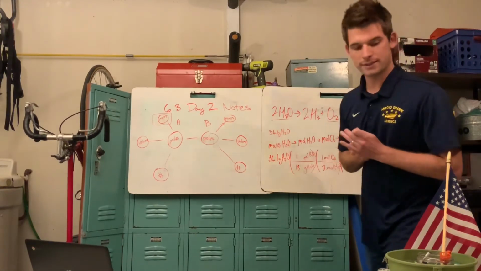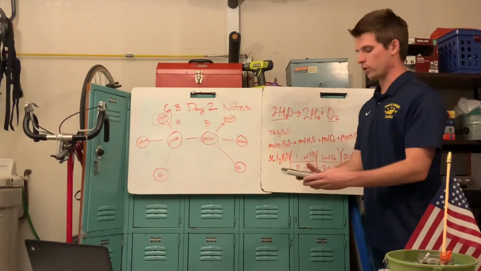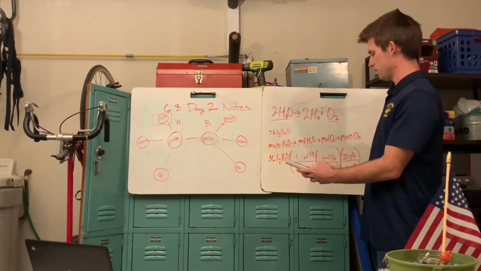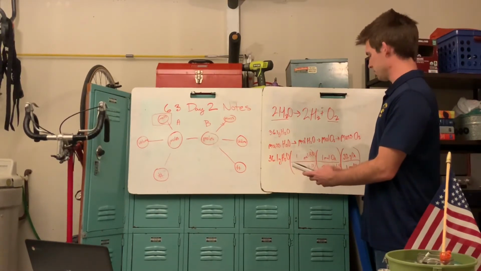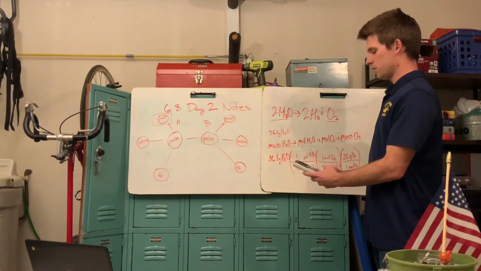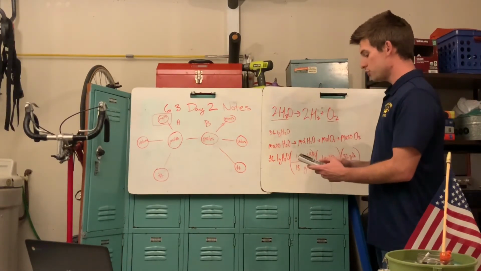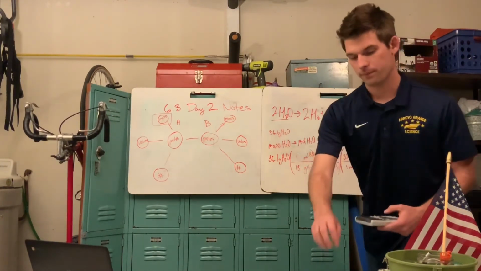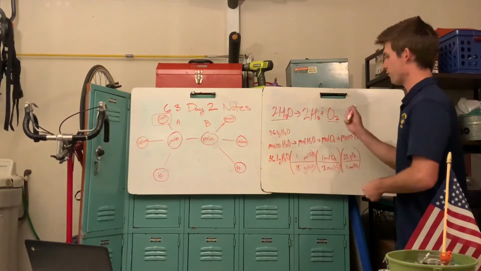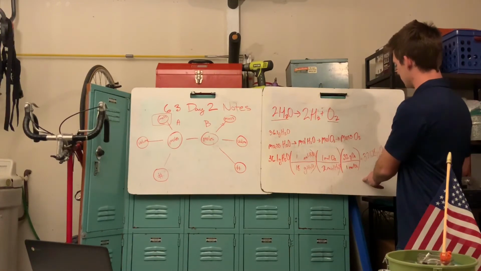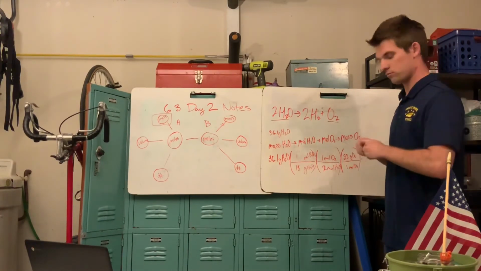Let's take our calculators out and try this out. 36.1 divided by 18 divided by 2 times 32 equals 32.088. So our final answer is going to be 32.08 grams of oxygen gas. All right.